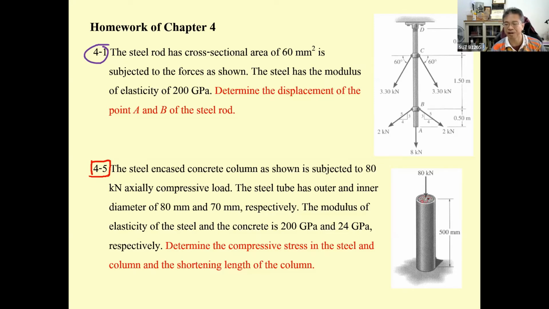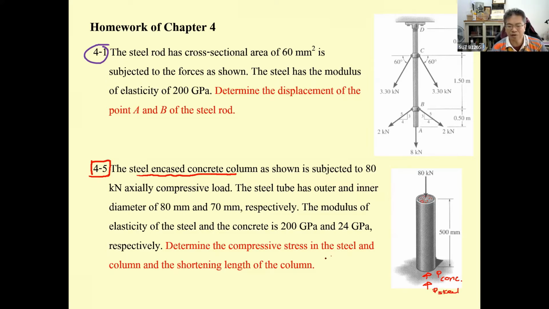When the steel encases the concrete column subjected to 80 kilonewton, the force over here can be separated into two forces. One is going to be P due to the concrete. Another one will be P due to the steel.